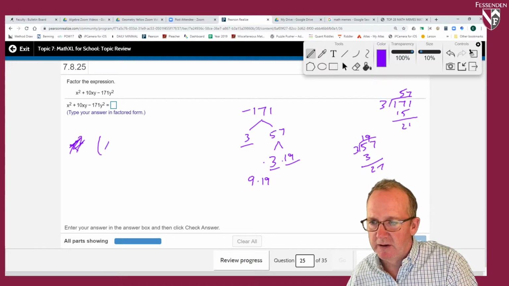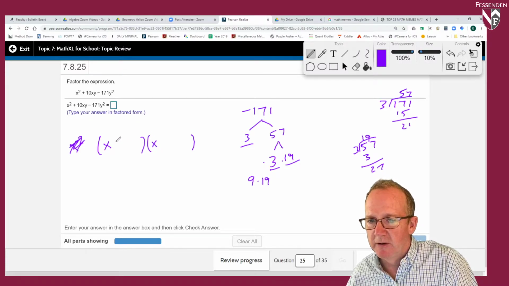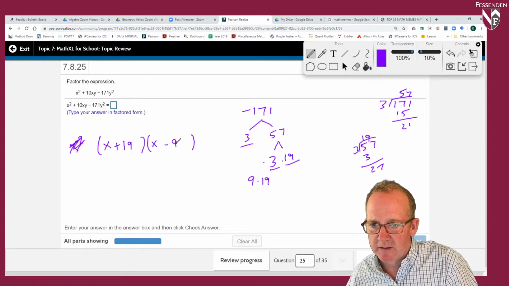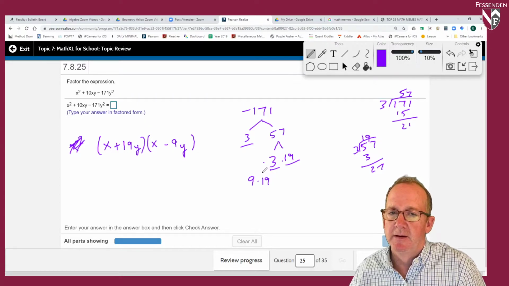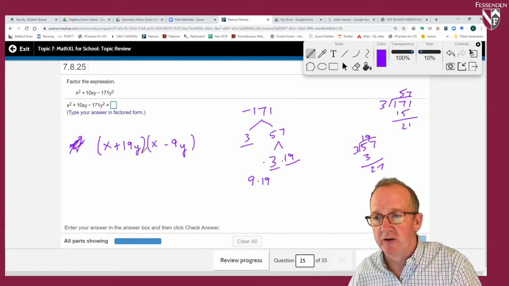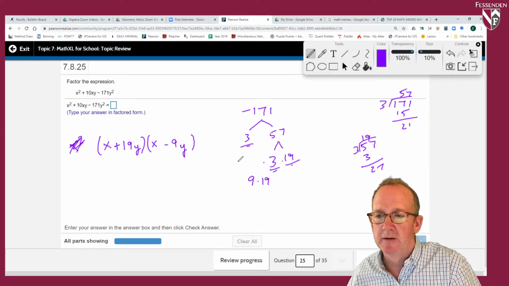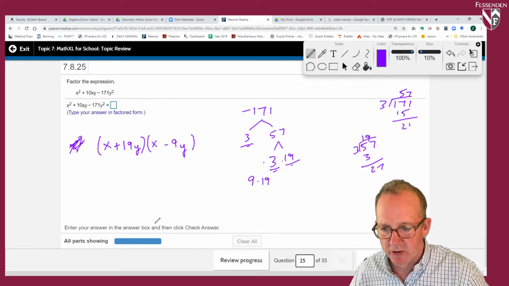So it's going to be x and x. And how about plus 19 and minus 9? And we need a y and a y. Pretty complicated, pretty challenging. Does 9 times 19, is it going to give us 171? Well, there's the 3, 3, and 19. And then the y will give us the y squared. So I think we're good.